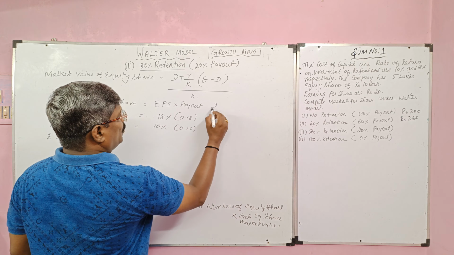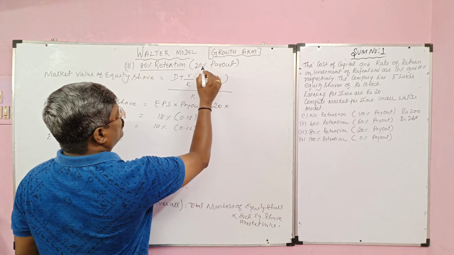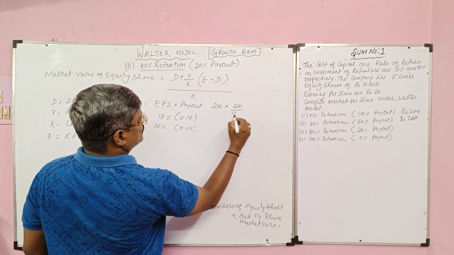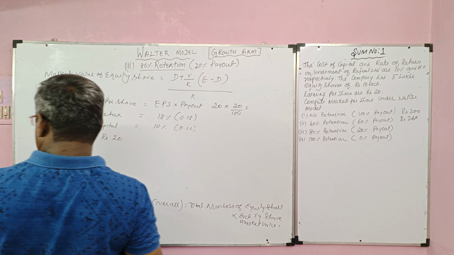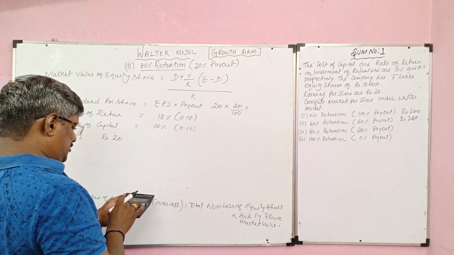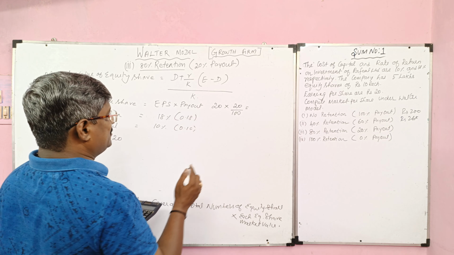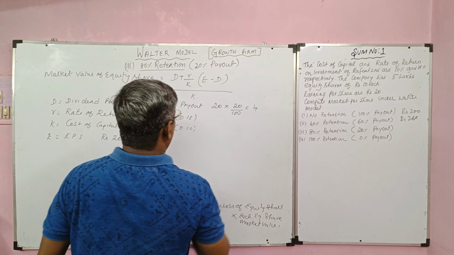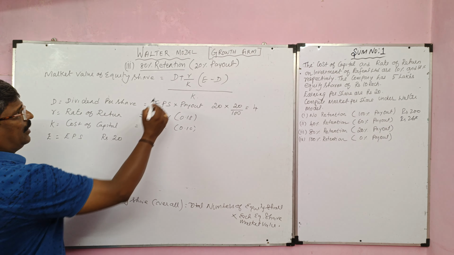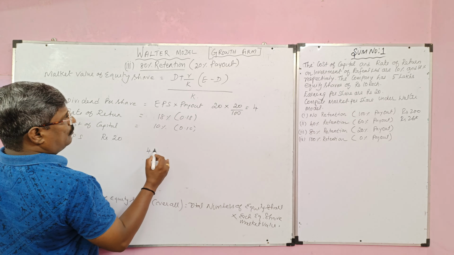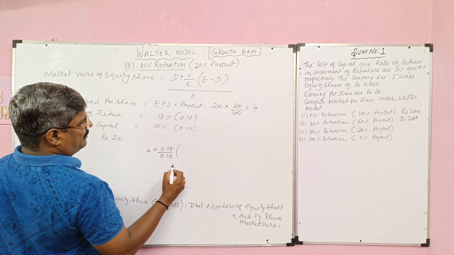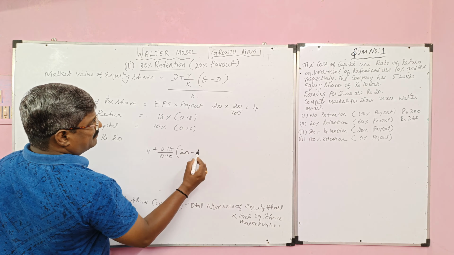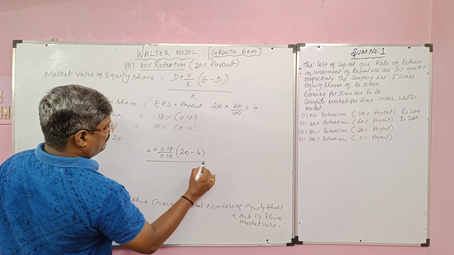EPS we know 20 per share multiplied by payout 20%. 20 multiplied by 20%, we get 4. Now we can apply the formula.